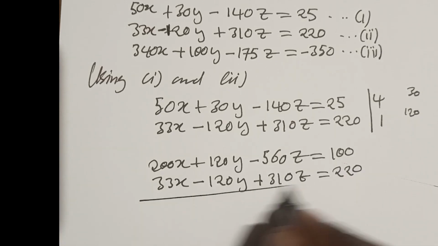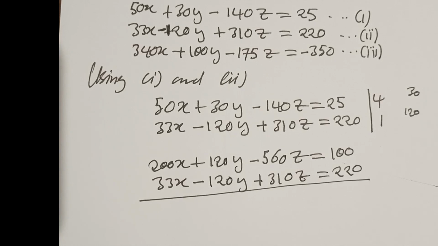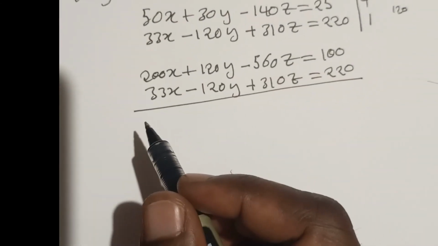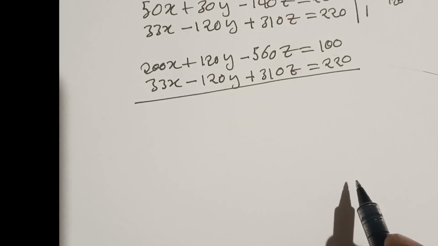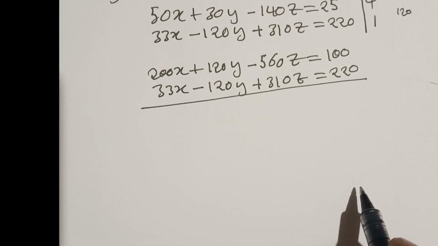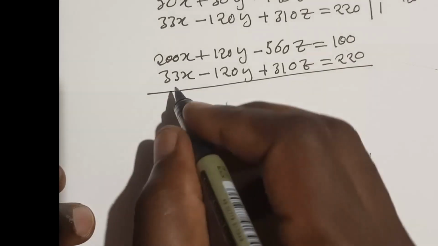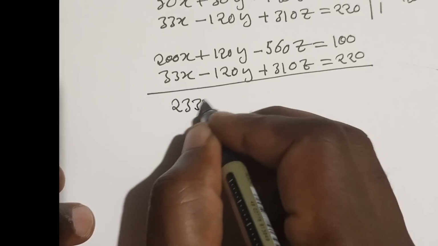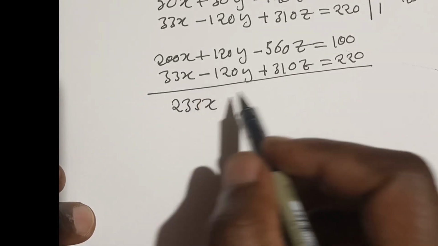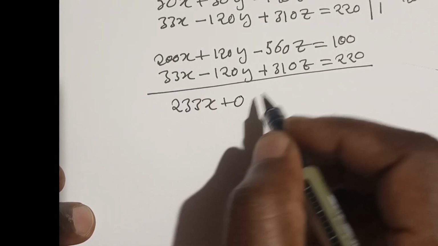Okay, so now at this point, since the signs are already different here, you're just going to add the two equations. The first term, 200x plus 33x, we get 233x. Then 120y minus 120y is 0.